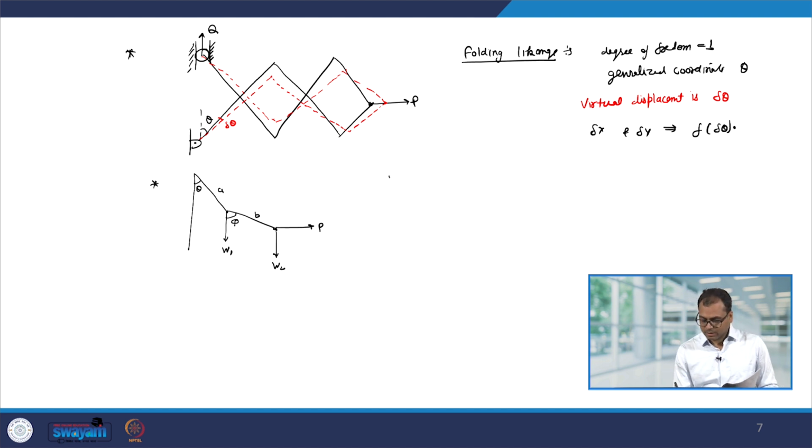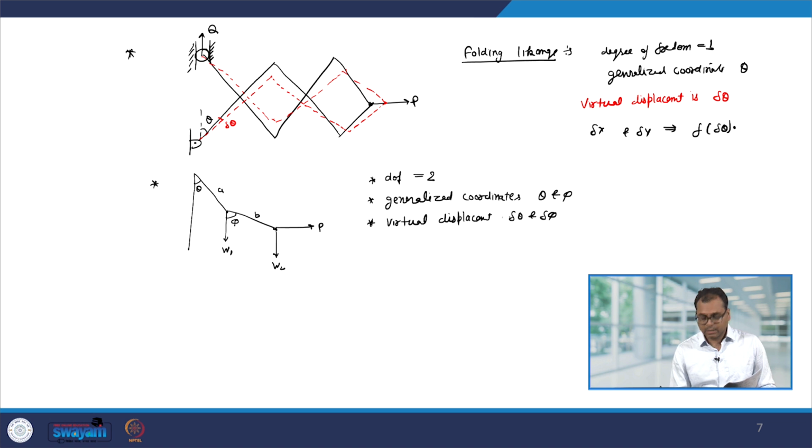Therefore, the degree of freedom for this system will be 2, the generalized coordinates will be theta and phi, and the virtual displacements will be delta theta and delta phi.